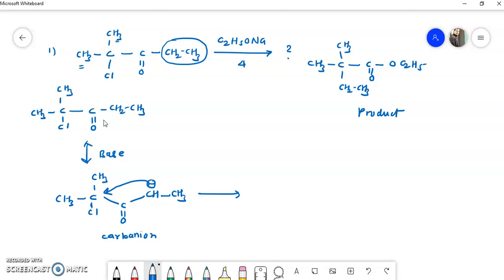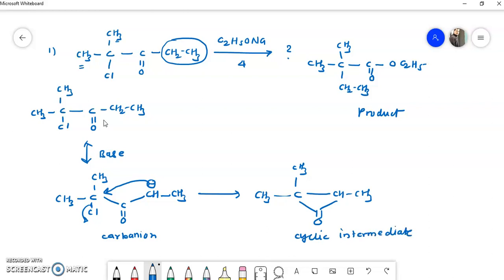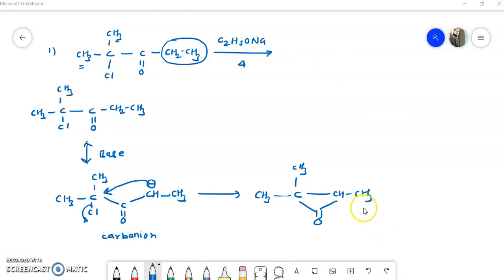So as soon as this negative charge attacks this carbon, this chlorine goes away and we get a cyclic intermediate in this way: CH3, C, CH, CH3, and here there will be an intermediate like this. So this is the cyclic intermediate which is obtained in this reaction.